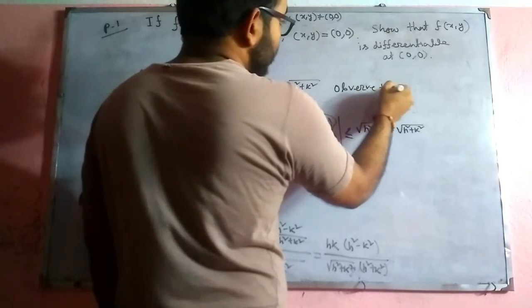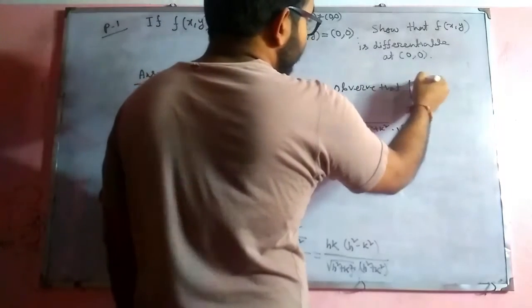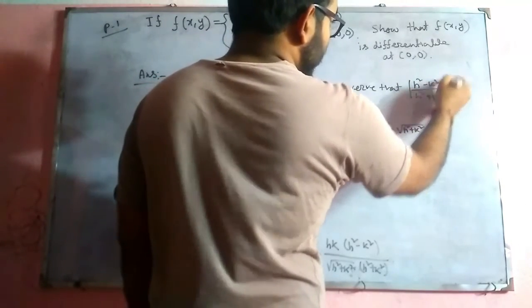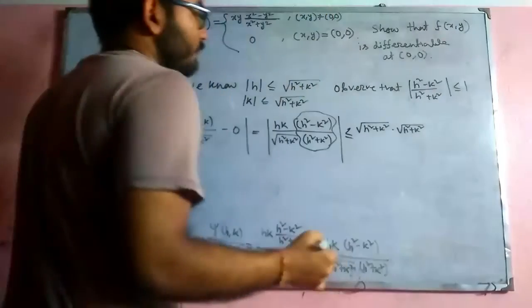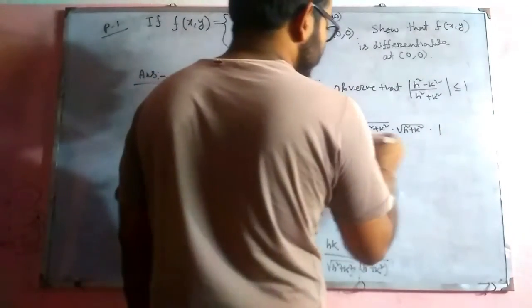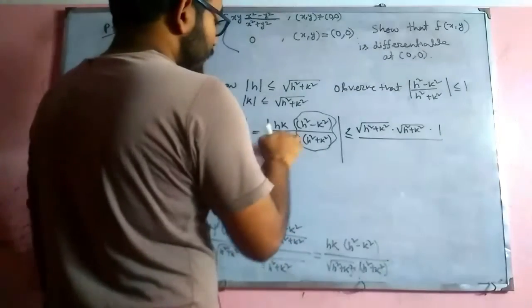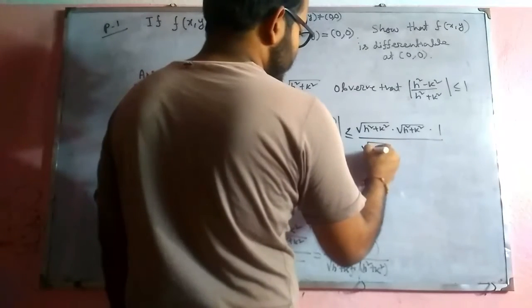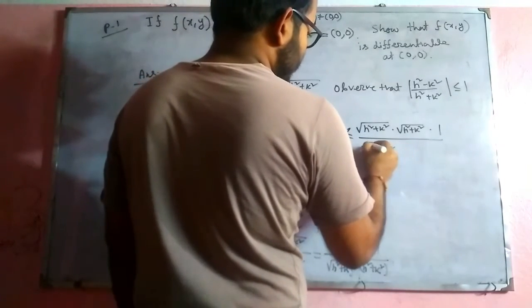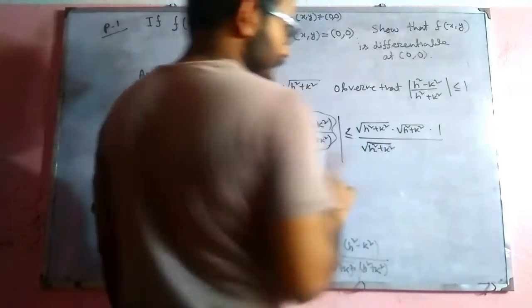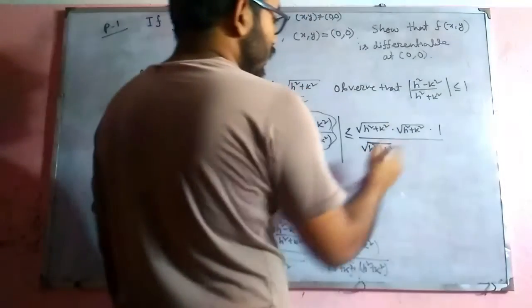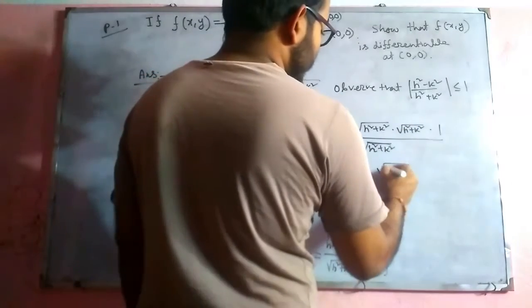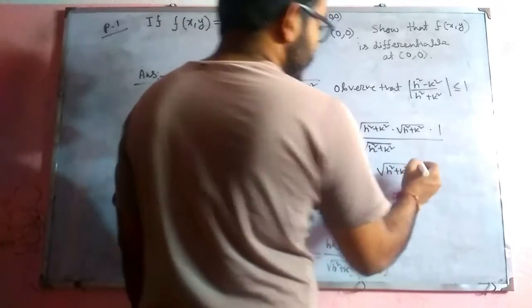Observe that mod of h square by root of h square plus k square is equal to 1, and this remains same, so it is equal to h square plus k square.